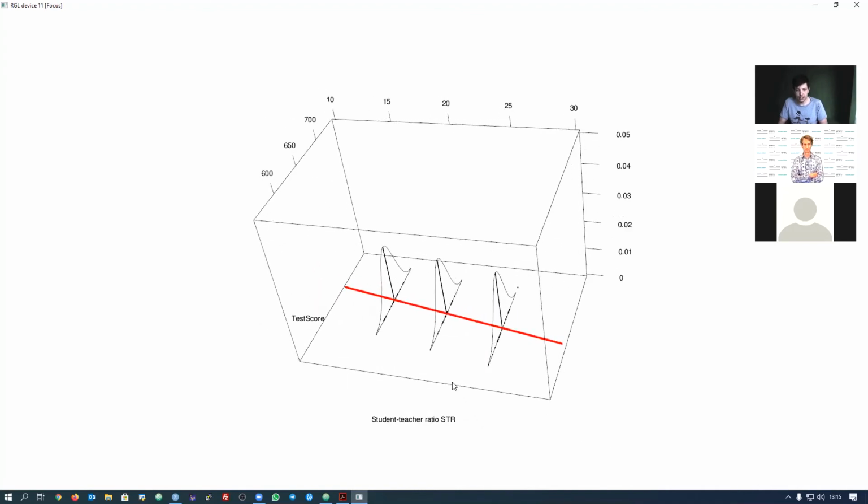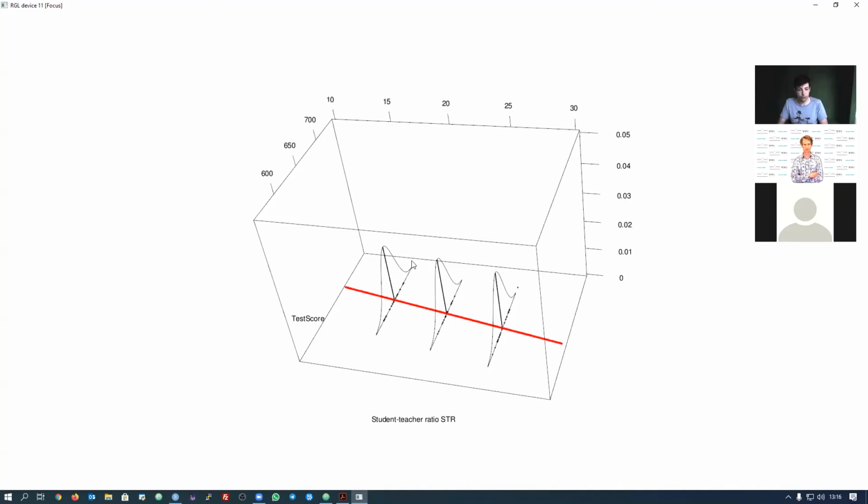And what we need to be true is that our error term is distributed in such a way that its expectation is 0. So we don't have a systematic deviation of our points either with increased test score or with decreased test score.